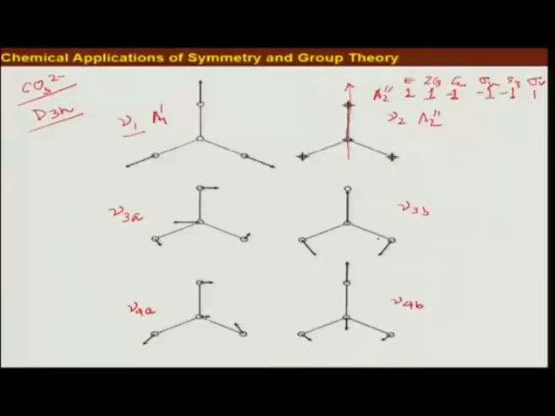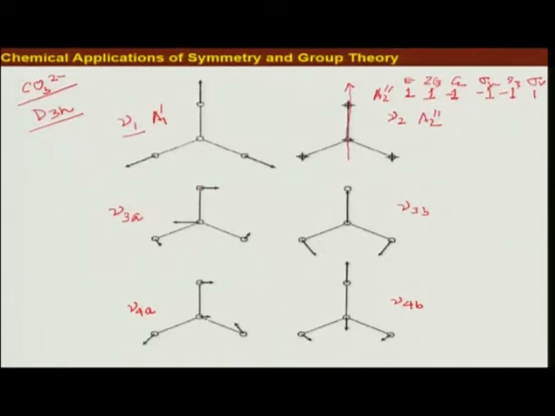So what we can think of is the following. When you apply the symmetry operation, say for example C3, on one of the structures, nu 3A, it will transform to a new configuration, which will be nu 3A prime, say for example.